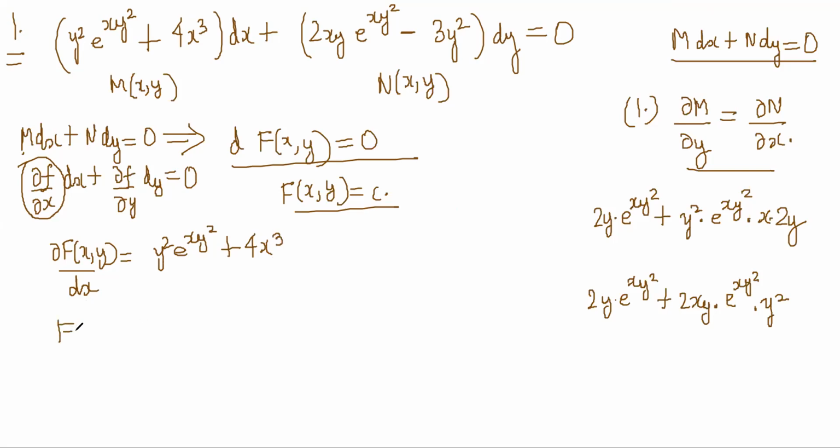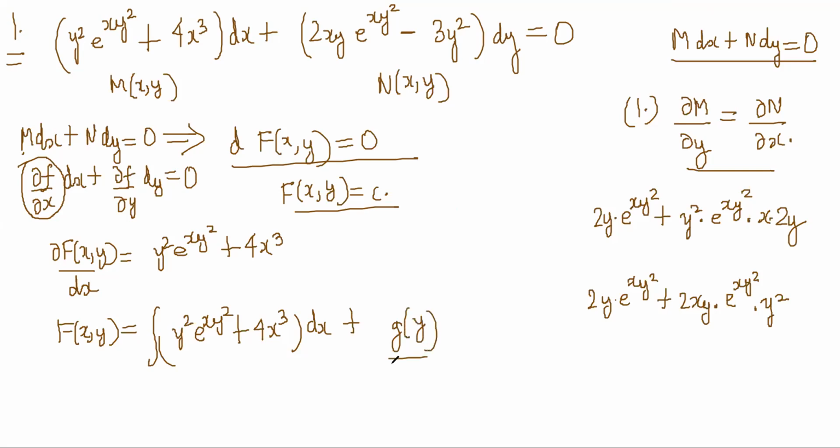That should give me f of x, y as the integration of this with respect to x plus a g of y, which is what we have to find later. First, we'll integrate this with respect to x, so everything else is a constant. y square is definitely a constant. y square e power some constant into x, the integral is e power xy square by y square, so that gets cancelled.